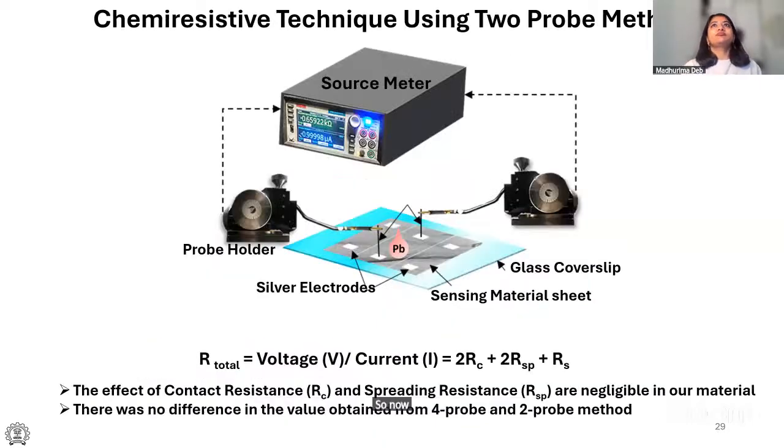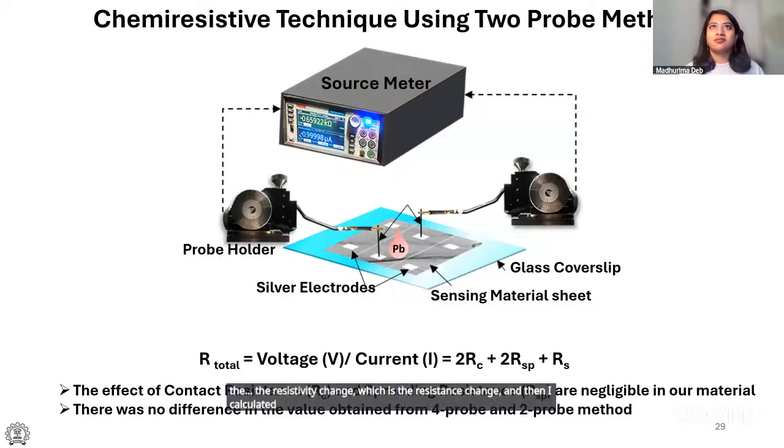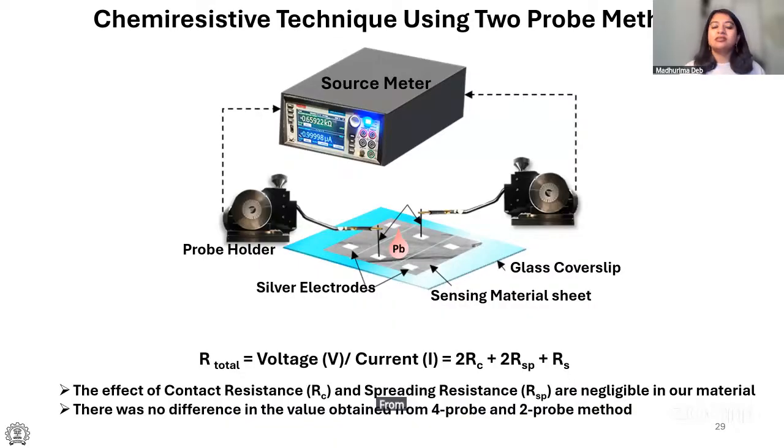So now, this is my basic 2-probe method setup that I made with a source meter and the probe holders. I will come to the sensor fabrication part, which is a very simple process. But before that, this is the measurement setup. This source meter gave me the resistance change, and then I calculated the resistivity from the resistance.